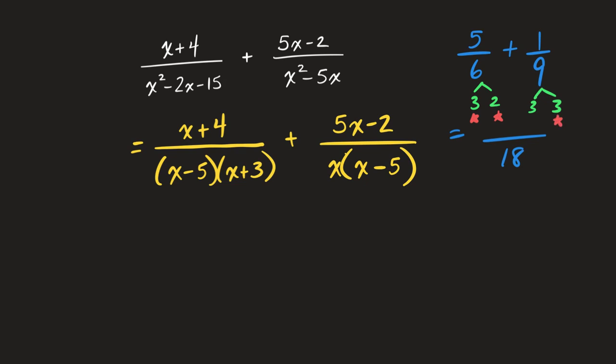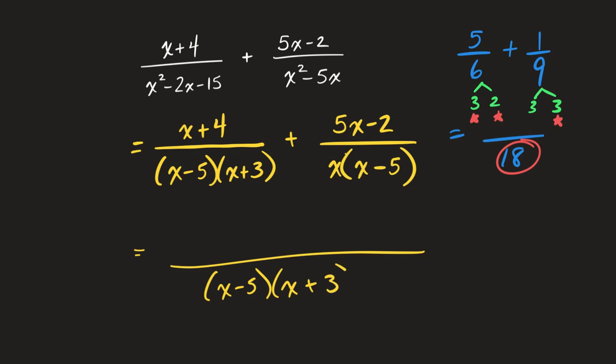And so if you look at the green factors that I've put a star underneath, my 3 and my 2, there's my 18. So really, by factoring that denominator, I can see that I need to have an x minus 5 and an x plus 3, but I don't need to multiply the entire other denominator to find my common denominator. I just need to make sure that I satisfy the factors of that.